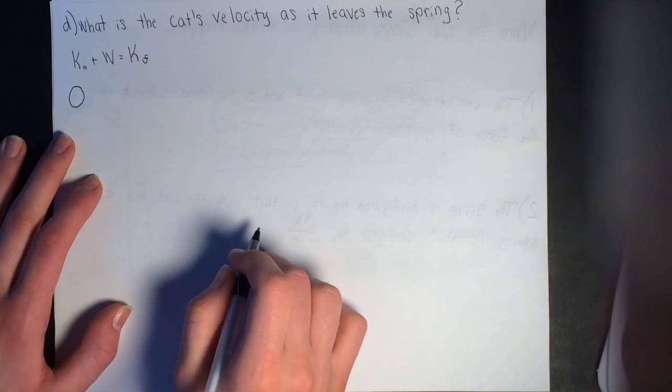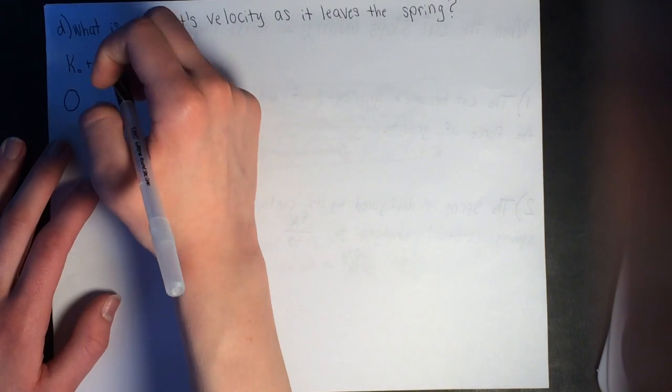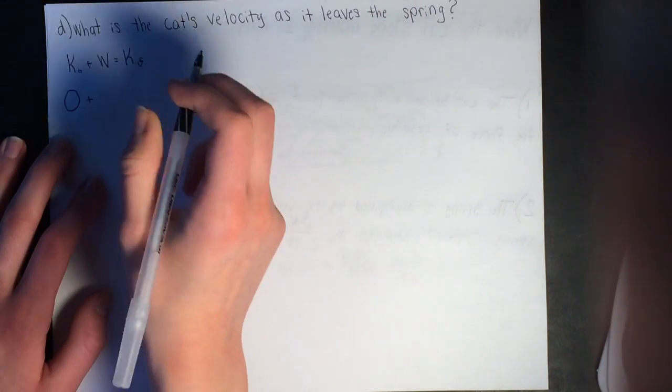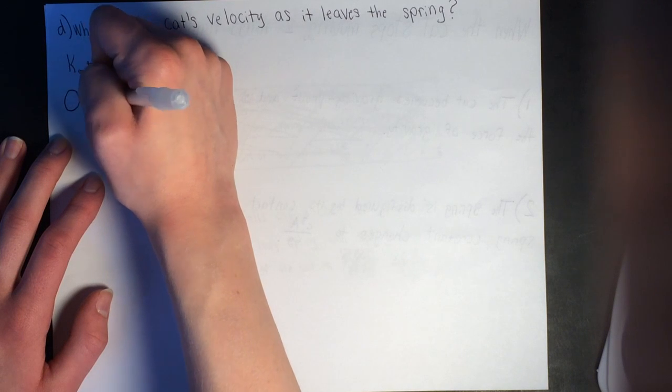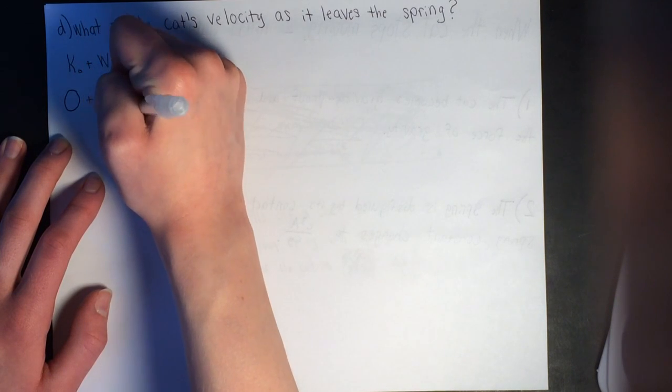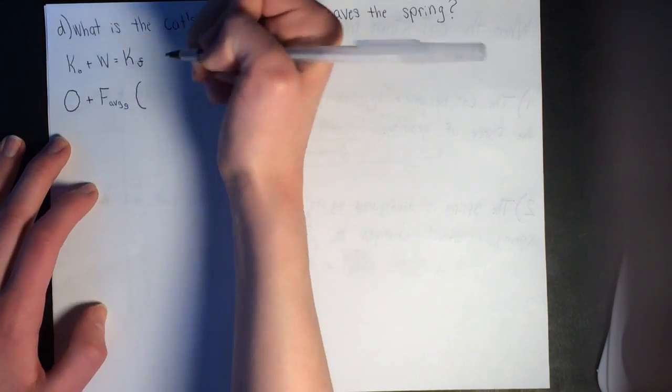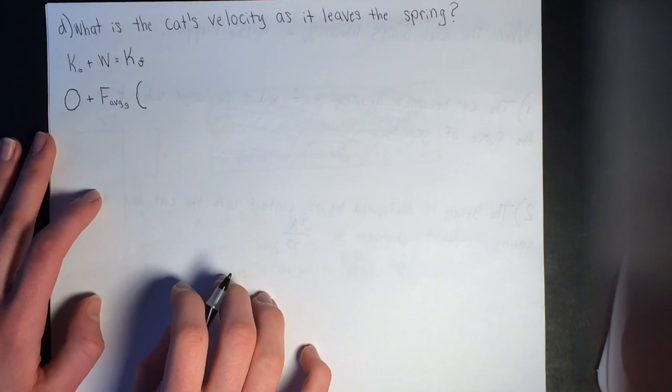And so the cat has no velocity, so it's not going to have any kinetic energy either. The work is going to be, there's no gravity, so we only have to worry about the spring. It's going to be the average force of the spring times the distance that the cat travels.